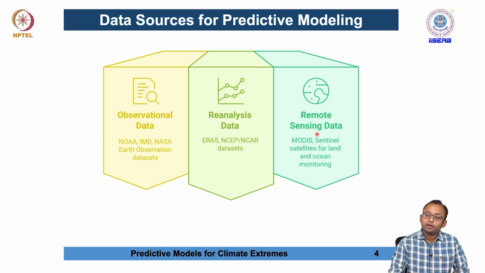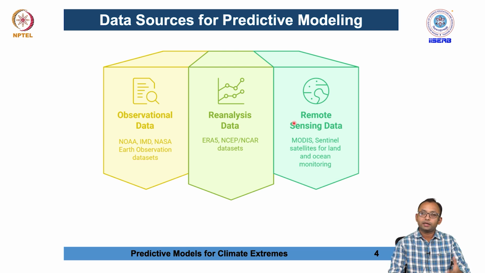Then there is another data set which is called purely remote sensing, where we use these types of data sets for remote sensing purposes, or let us say spatial data sets, for example when we are trying to look at how the land and ocean are behaving under different circumstances.